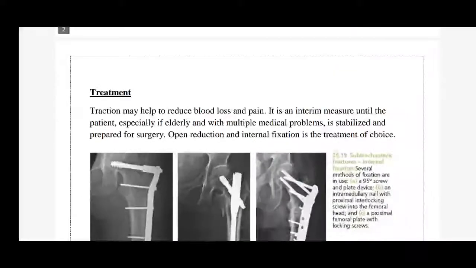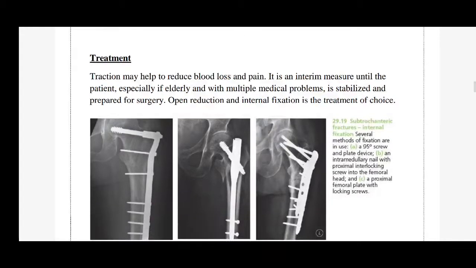Treatment for subtrochanteric fracture. First of all, it may sometimes be part of major trauma, so we should assess the patient as a whole. Then for local control, traction may help to reduce the blood loss and pain, especially if the patient is elderly with multiple medical problems; he is stabilized and prepared for surgery.